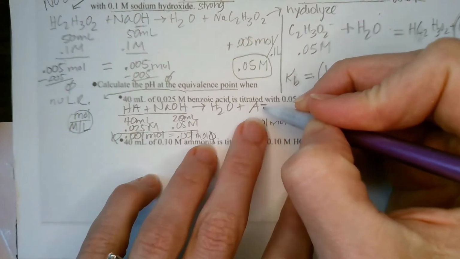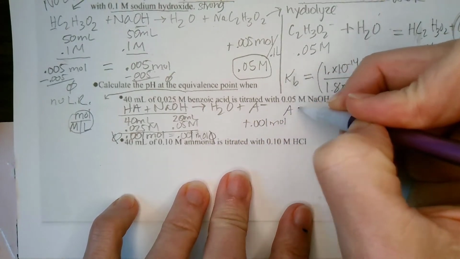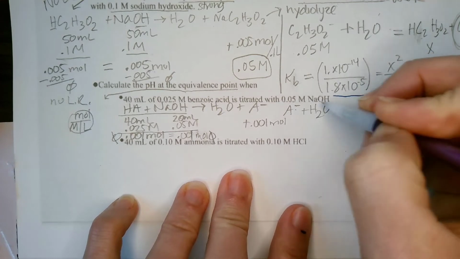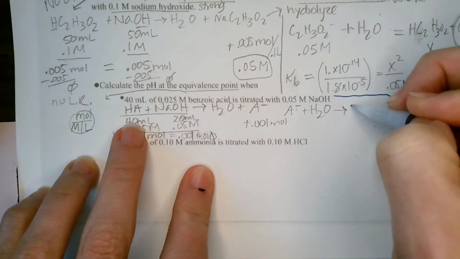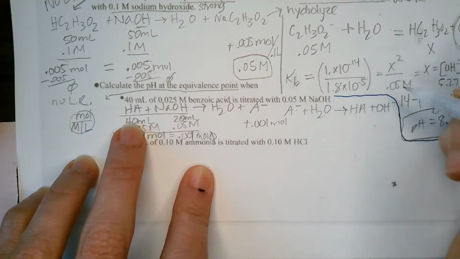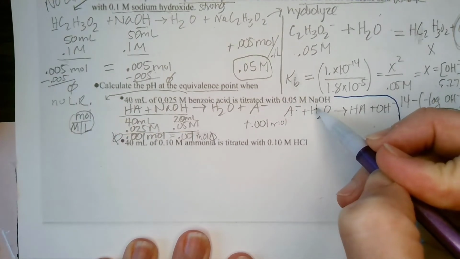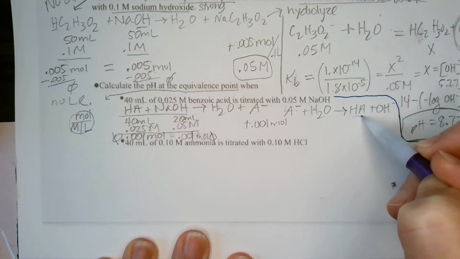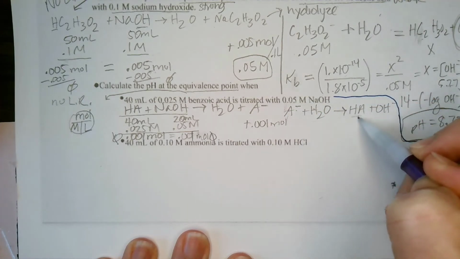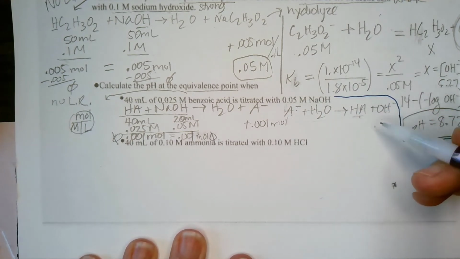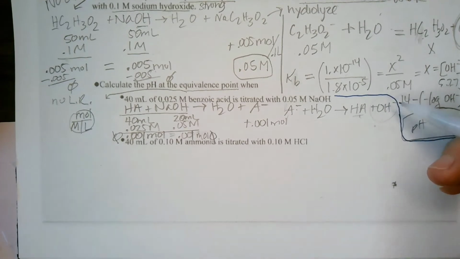So we've got our A minus plus H2O, and that's going to make our acid again, benzoic acid, and hydroxide, right? One of the H's from my water goes back over here, gives me my conjugate acid, and then I'm left with OH minus. So this is another case where we're going to have a more basic solution.